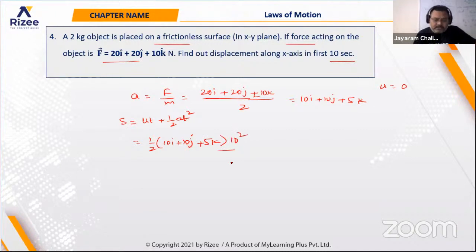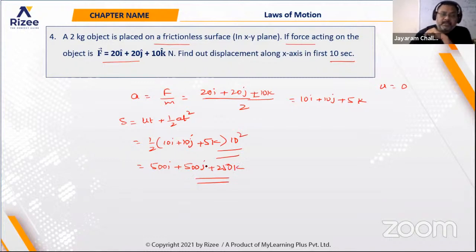If you want the magnitude, you can get it another way also. When you substitute, it will be 500i plus 500j plus 250k. This is what the displacement is.